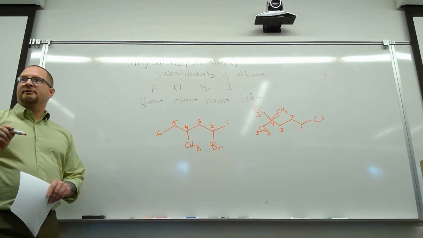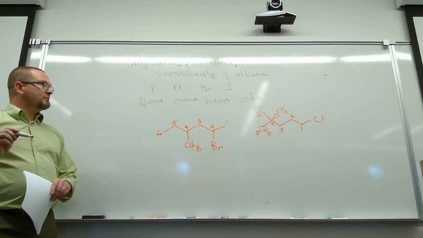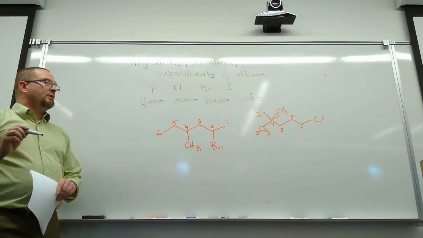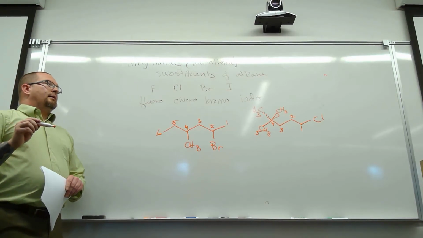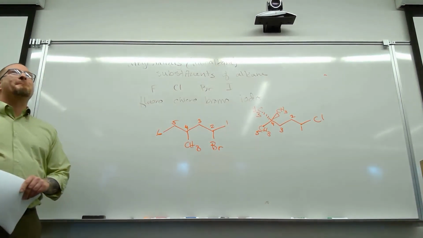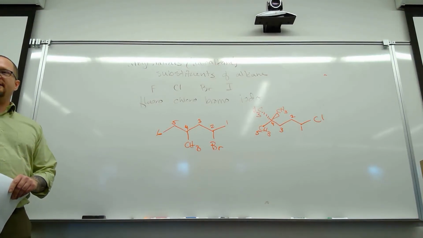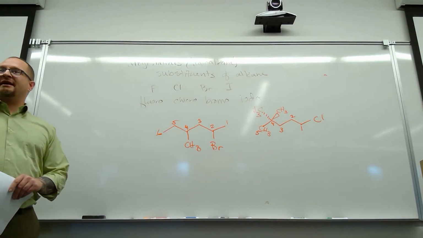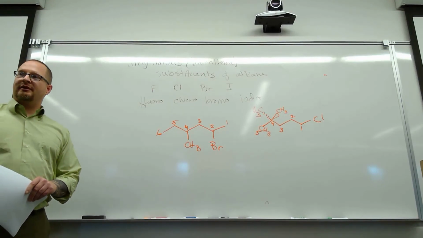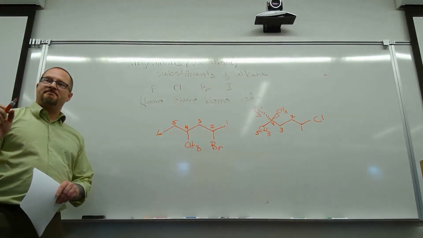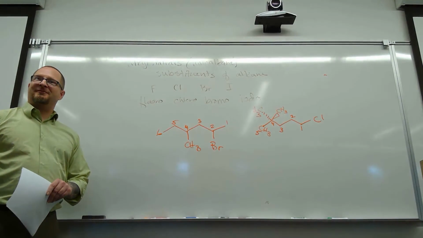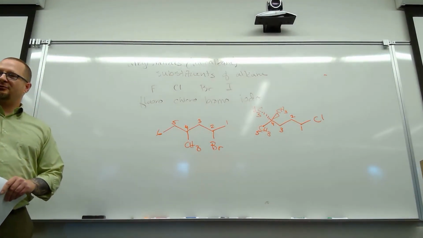And those prefixes, it's the same thing where it doesn't factor in alphabetically for any of them. For di, tri, tetra, it's universal. There will be other prefixes that you will come across later where they are factored in.